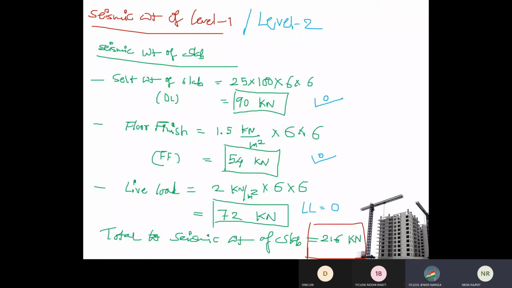Change this to 0. Live load will be 0. Right. So slab નો weight કેટલું આવશે? 90 plus 54. 144 kilonewton. Right?